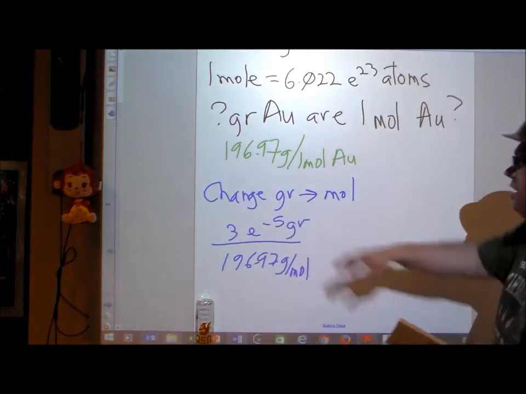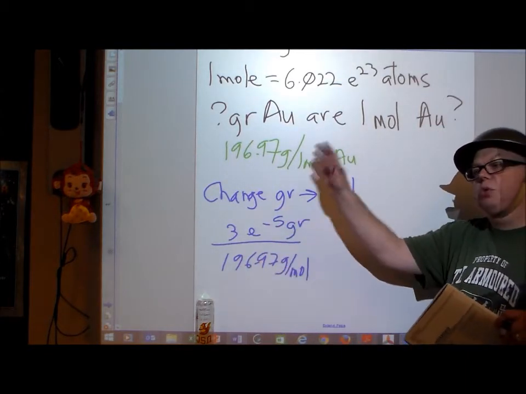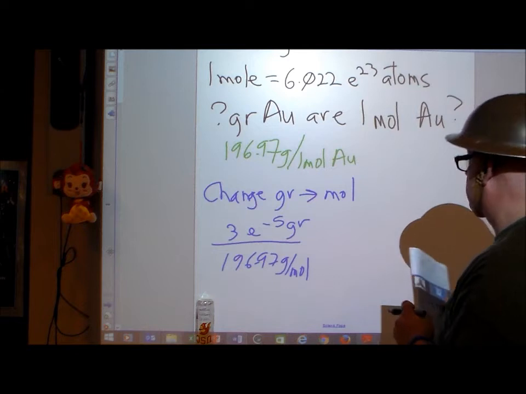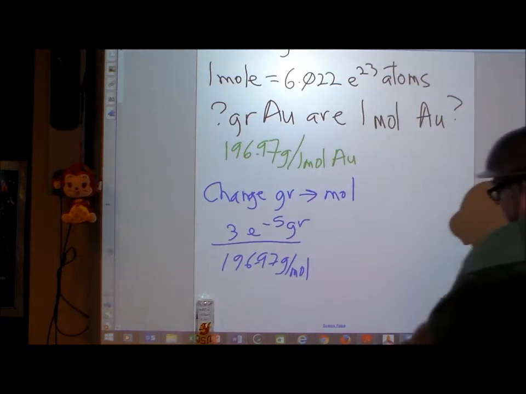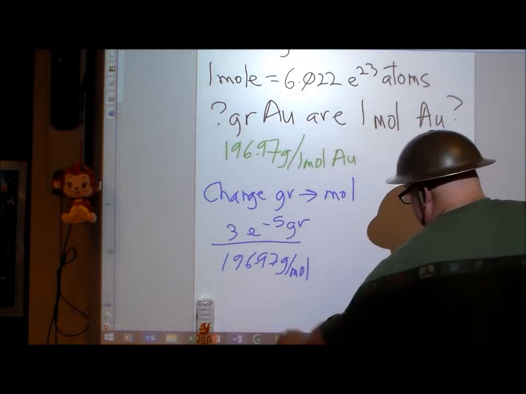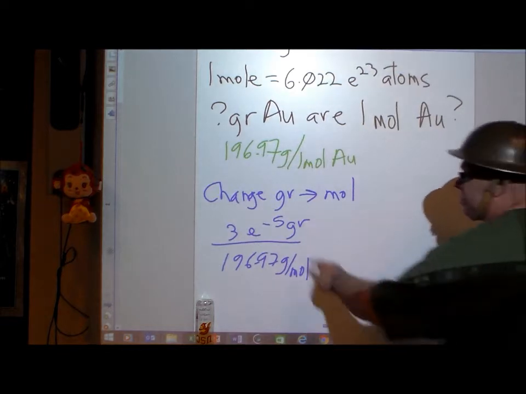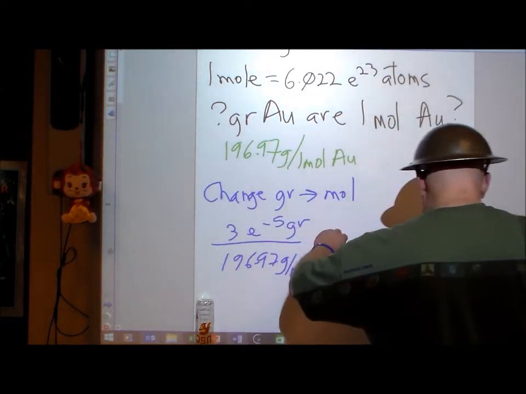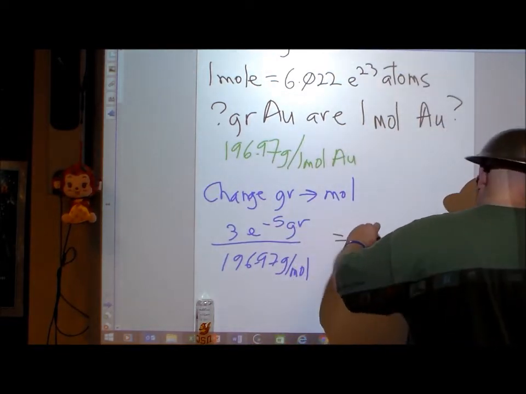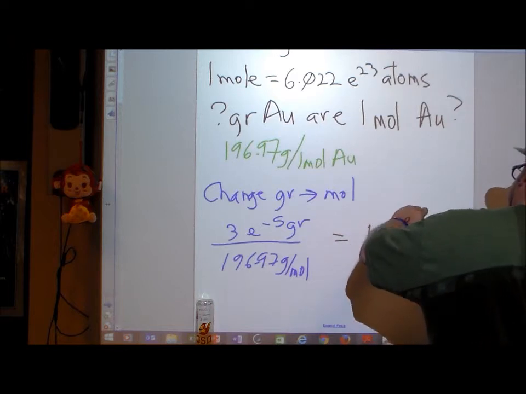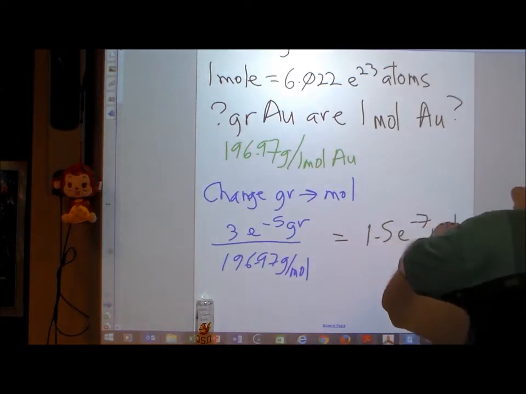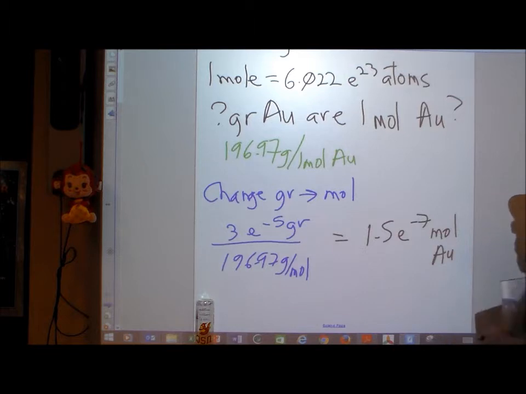This is a fast way to do this. If you want to do the annotated bridge, you could also do that. I'm not going to show you this, but you know that you can divide it, and what you will walk away with is 1.5e to the minus 7th moles of gold.